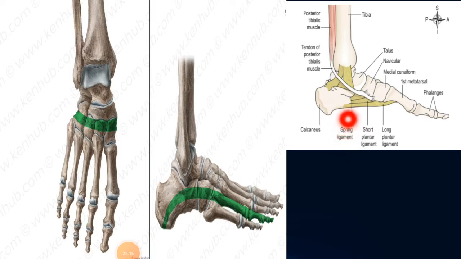And this is a very strong, thick ligament stretching from the calcaneus to the navicular bone, and it plays a very important role in supporting the medial longitudinal arch.